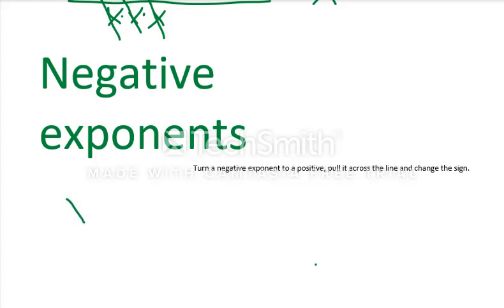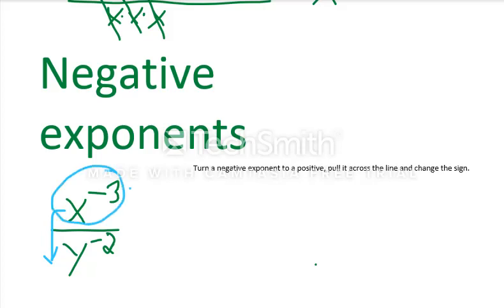What that's going to look like, if I have x to the negative third over y to the negative second, I am going to pull the x down across the line. All right, pull the x and the exponent.